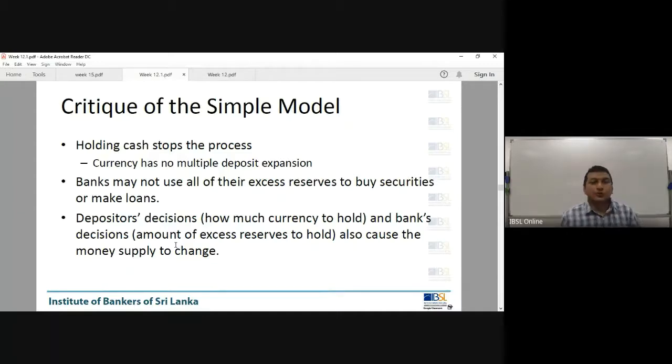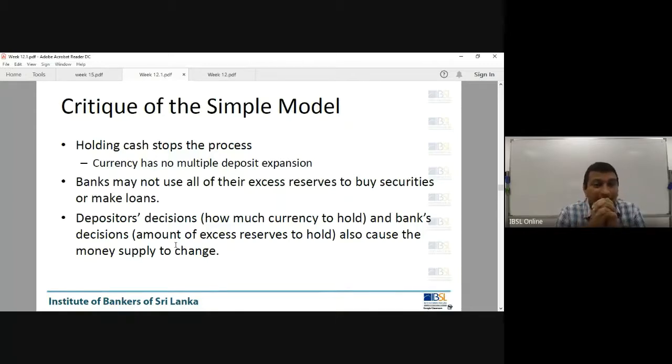Right? So when you saw that when a bank lends, creates a loan, they create the checkable deposits. Okay, so the client, as soon as he withdraws this, there is no possibility that you can continue the deposit creation in the simple deposit creation model.